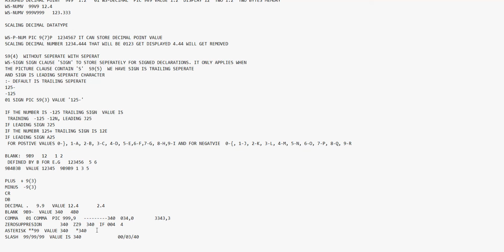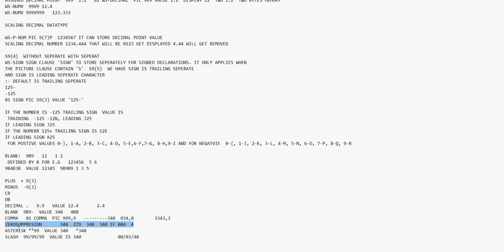In that case it will display 340 as it is. If there is a value 004, in that case it will display only 4, that is the zeros will get suppressed and only 4 will be displayed. Okay, that is the zero suppression.